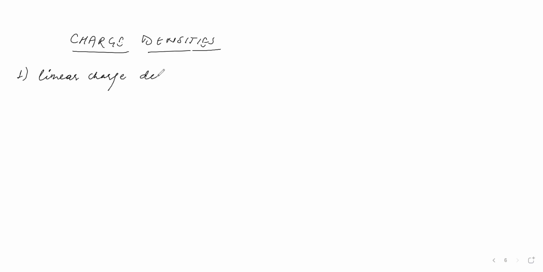Charge densities. This is one of the important points which I have left here. Please note it down. First one is linear charge density, which is denoted by lambda. Note it down, please.